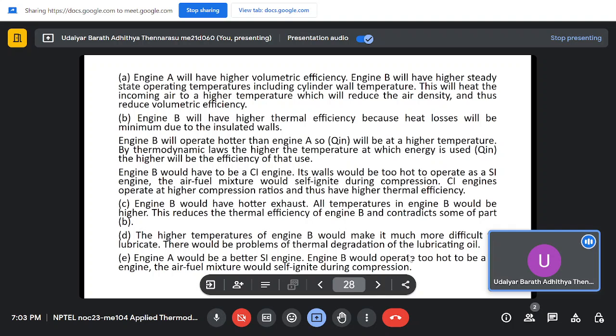It looks slightly contradictory, but it ultimately comes out to the fraction of work produced. It does take a large amount of exhaust energy because it's a higher temperature, but the overall work produced will also be higher, and hence the thermal efficiency will be higher for engine B. So engine B will have hotter exhaust.